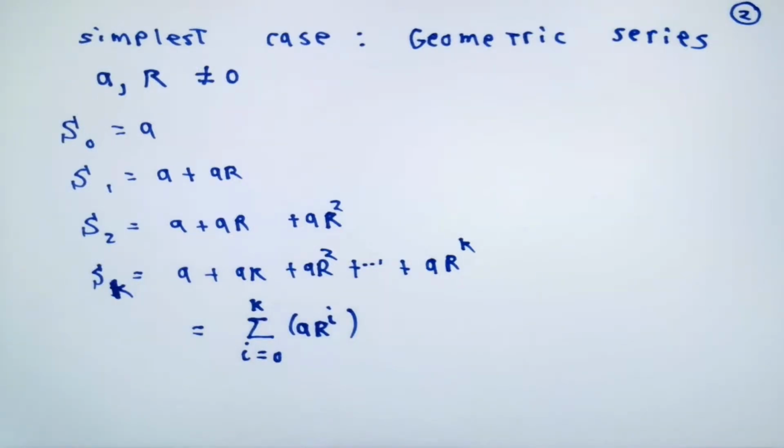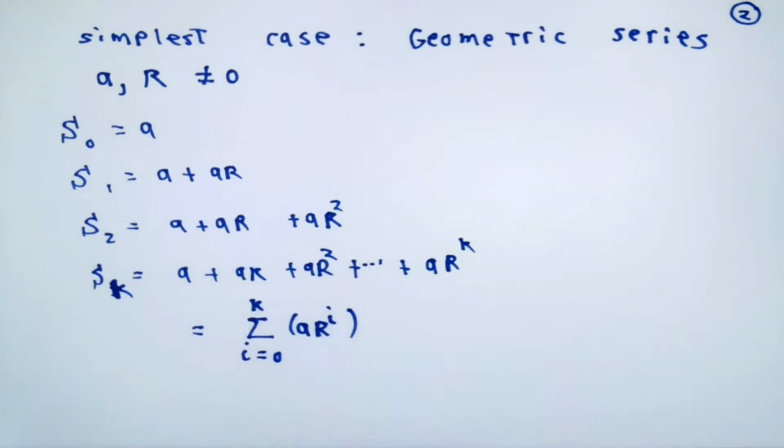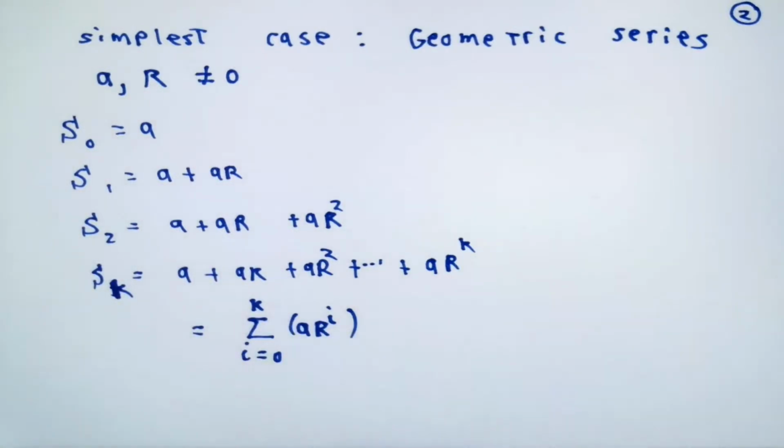S number 3 would be A plus AR plus AR squared plus AR cubed, and in general, S number K will have all such terms out to the A times R to the K power, which, if I wanted, I could write symbolically using the sigma notation. The reason it's convenient to start indexing at 0 is the index on the partial sum matches the power of R that shows up at the end of one of the partial sums.